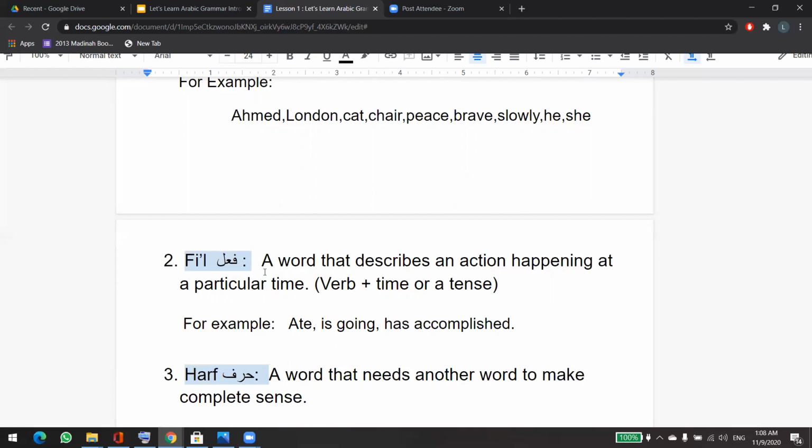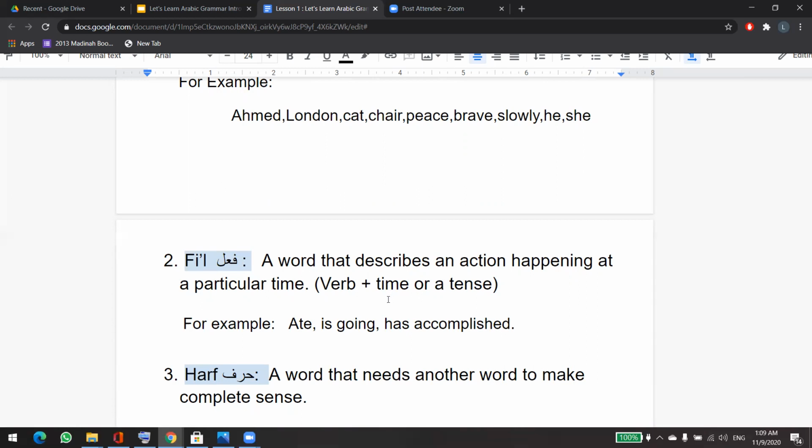But in Arabic, we can only identify a word as fail if the verb or the action is mentioned along with the mention of time or a tense, like when that action happened or is happening or will be happening.